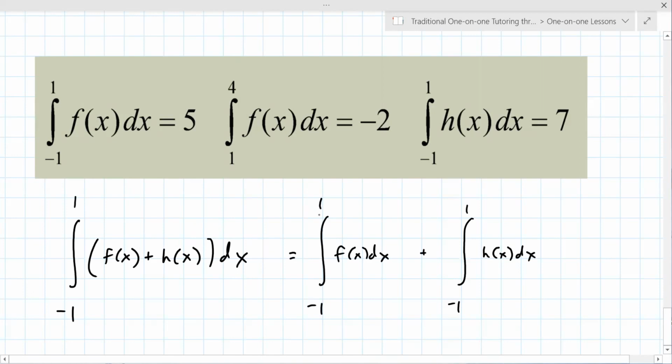Okay. Notice they have the same bounds. Okay, that's very important. All right. But you're just splitting them apart. Because you know this first value. What is this first value? 5. 5. What is the second value? 7. 7. So just adding those. Okay. Yes.